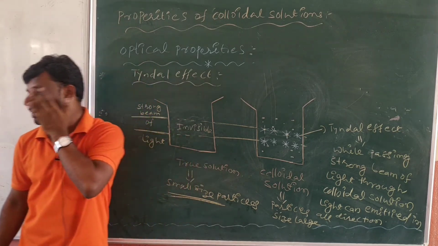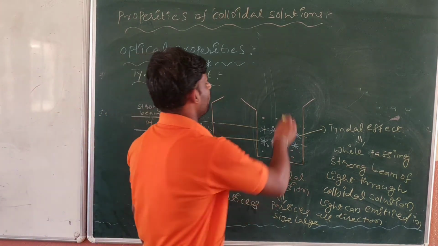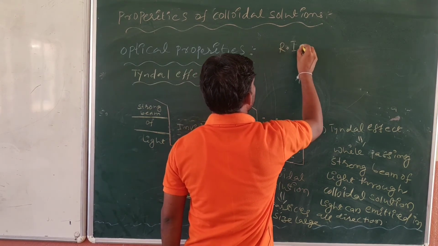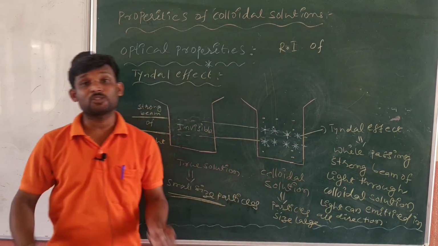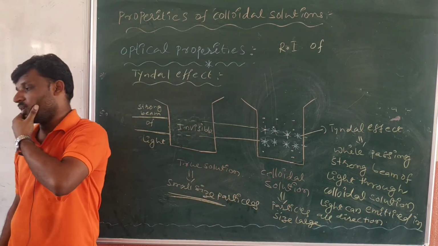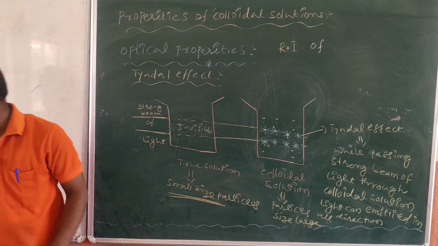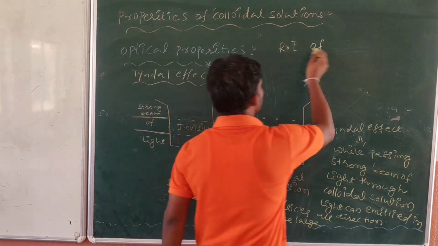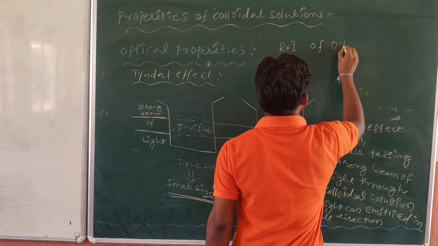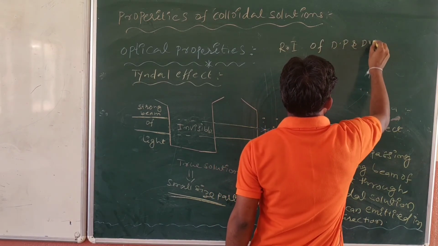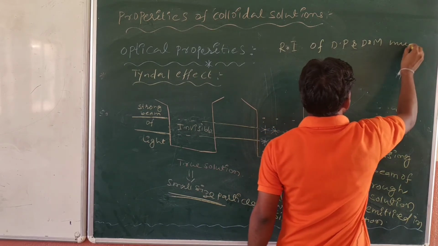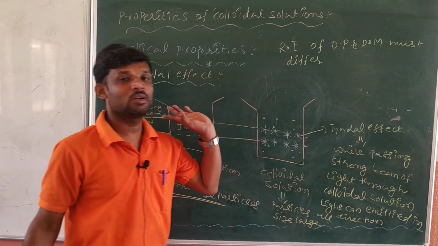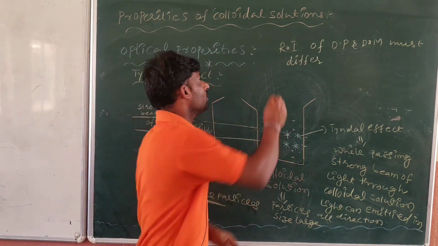The first condition is that the refractive index (RI) of the dispersed phase and the dispersion medium must differ. Dispersed phase and dispersion medium must differ, which means their refractive indices are not the same. This is the first one.